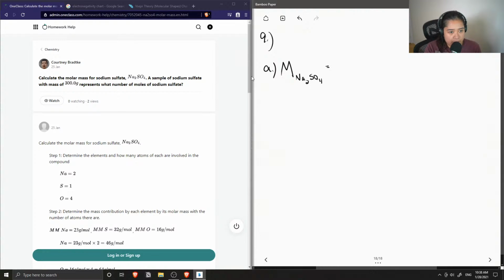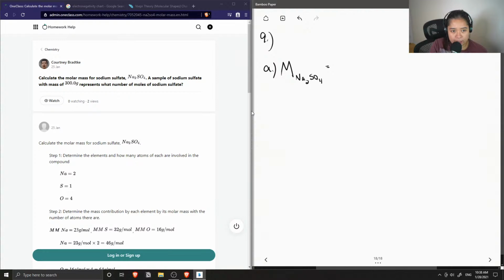To do that, we need all the different atomic masses of the atoms involved in the compound, and we also need to take into account how many of each atom is in sodium sulfate.